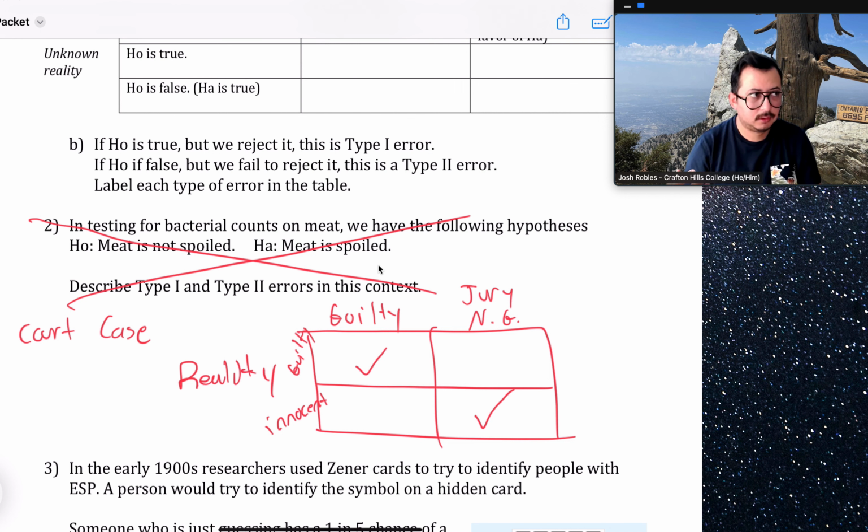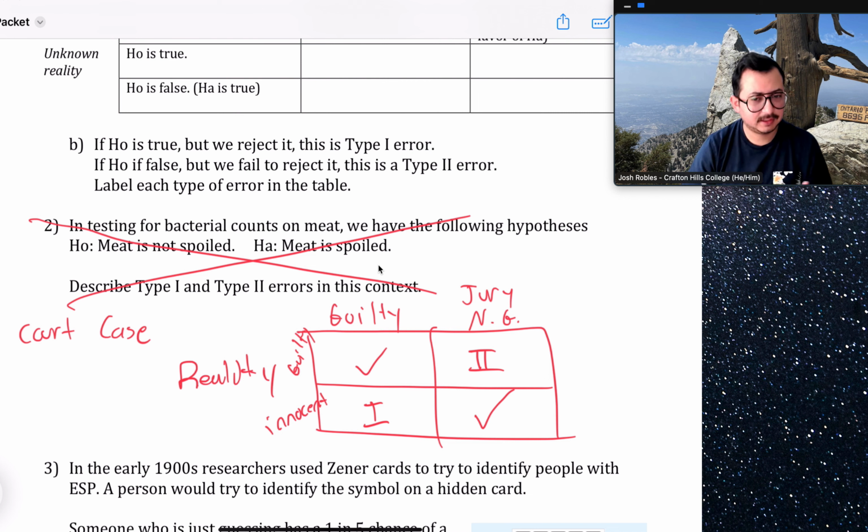Innocent people convicted or guilty people left free. So we're going to give the worst error what's called a type 1 error. 1 is bigger than 2. And so a jury saying someone's guilty but they are really innocent is a type 1 error. A jury saying they are not guilty when they really were, so this is a guilty person let free, is not considered kind of as big of an error.